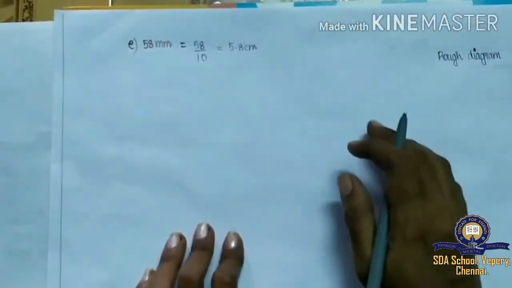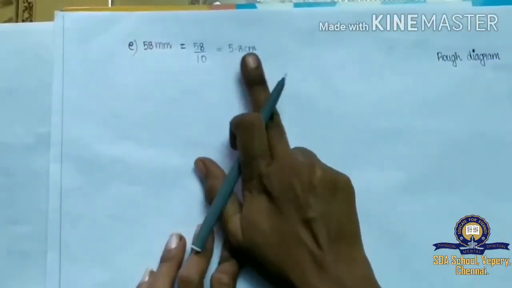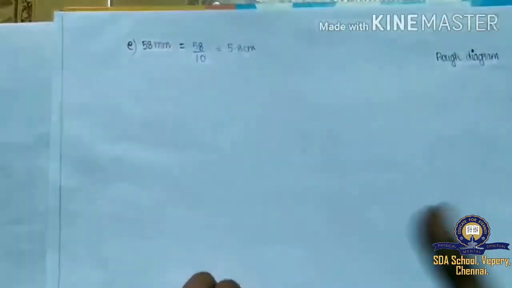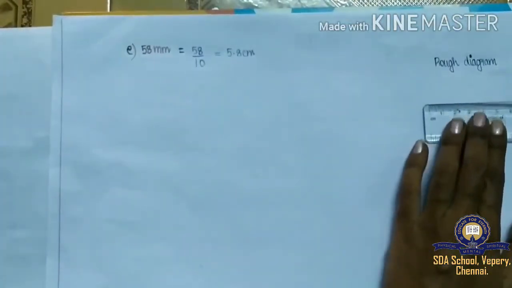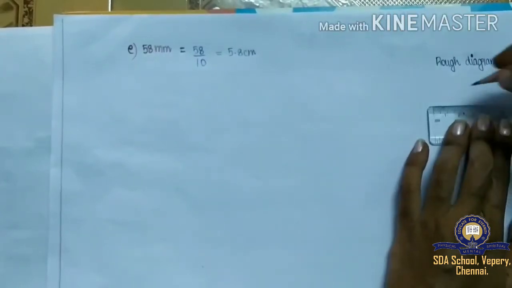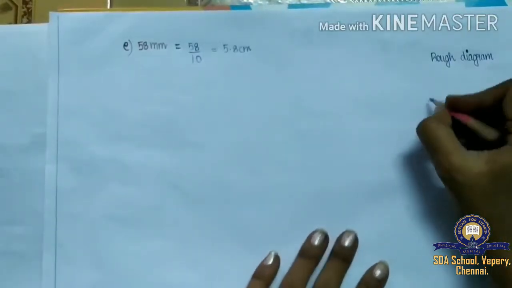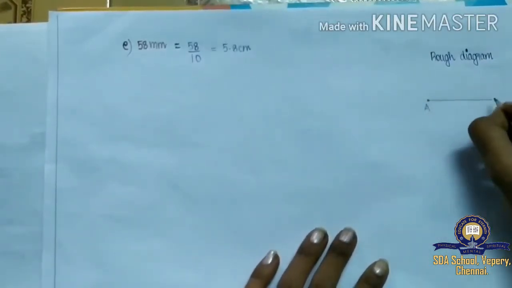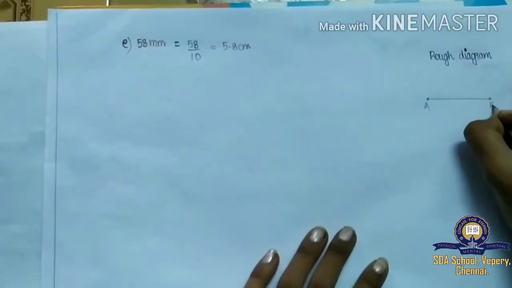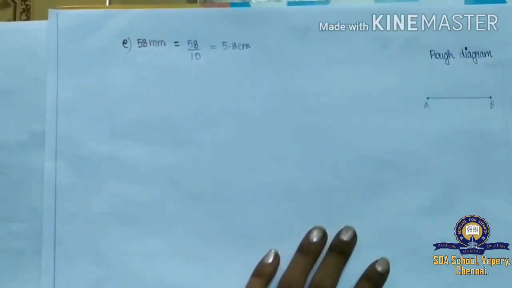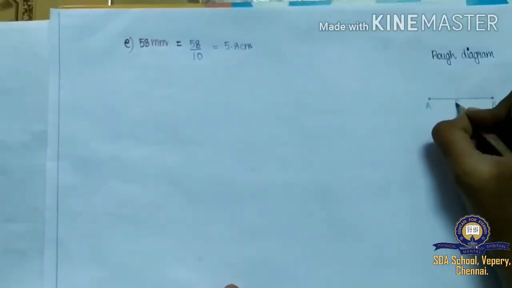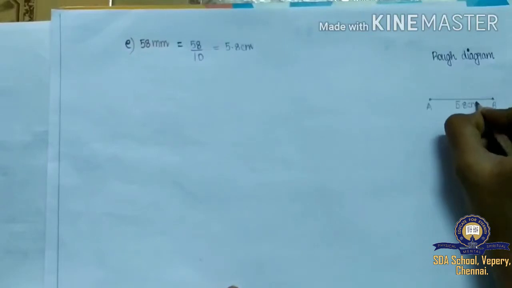Now we are going to take a line segment for 5.8 centimeter. For that, the very first step is rough diagram. So draw a rough diagram, 5.8 centimeter. You draw roughly and name it as A and B. Now the next step is write 5.8 centimeter.